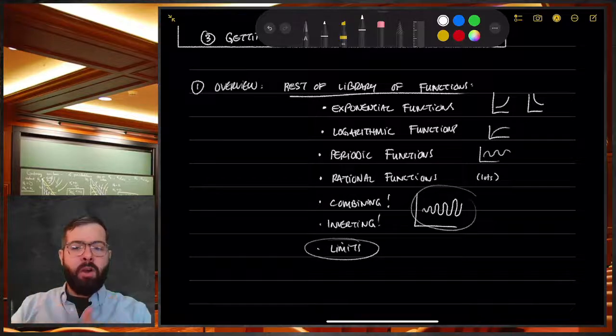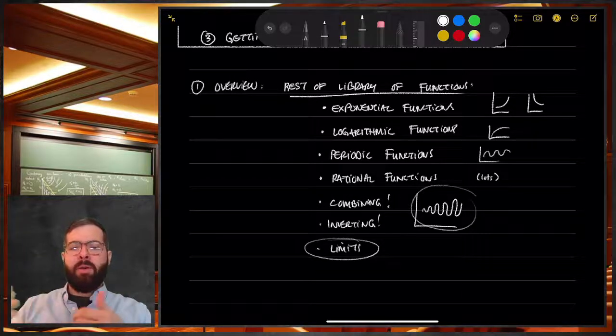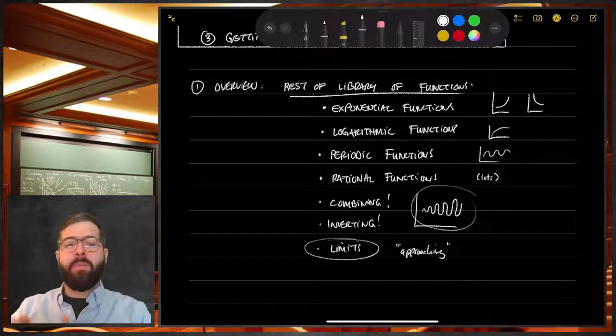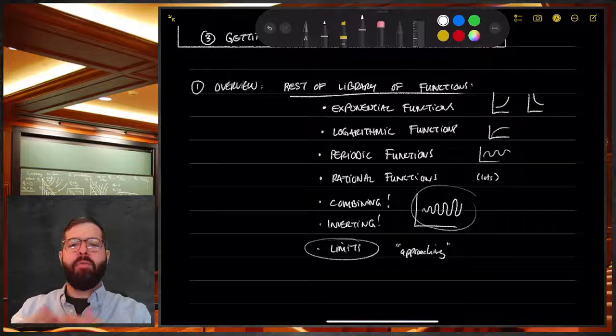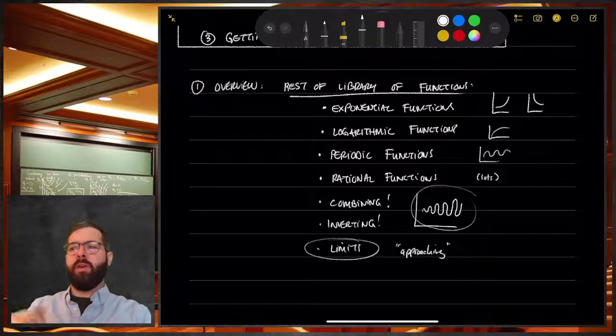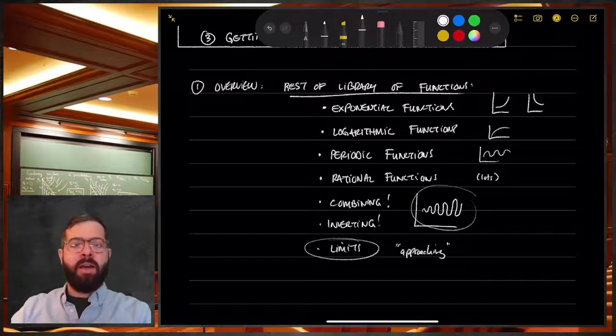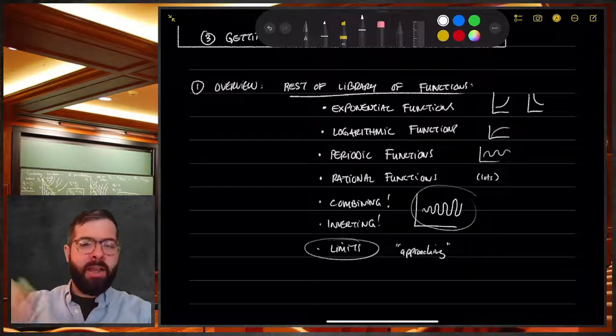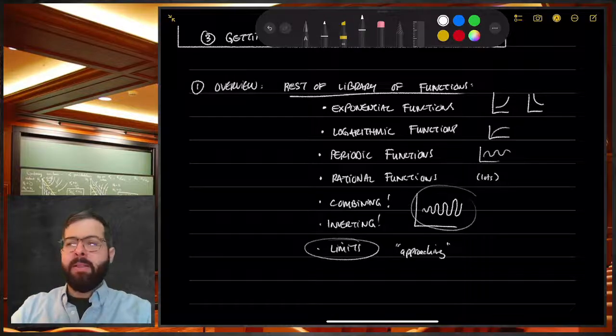which is just kind of thinking in the long run, or thinking about the idea of approaching in a mathematical sense. So how do we approach some value, or what happens when we let time go on forever? What does this machine do? Where does this rocket end up if we let time keep going? Things like that.